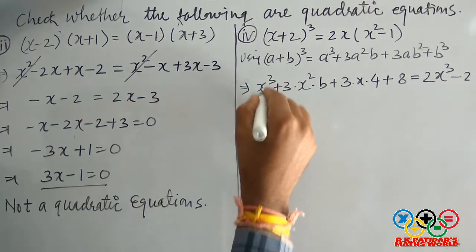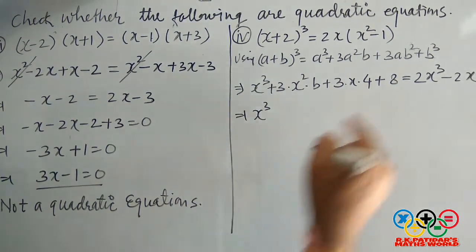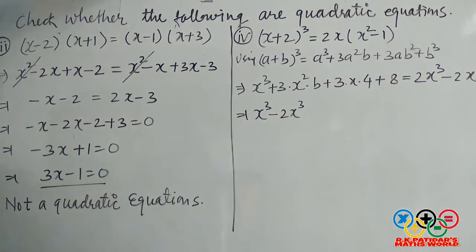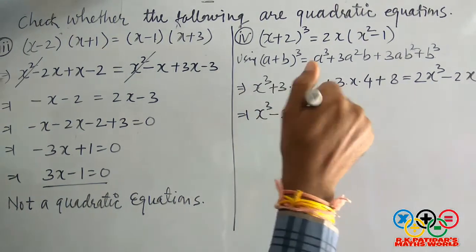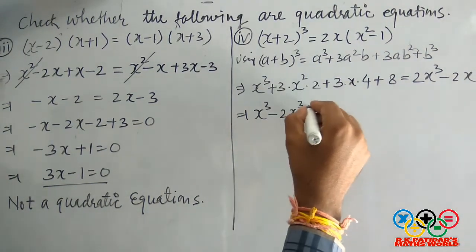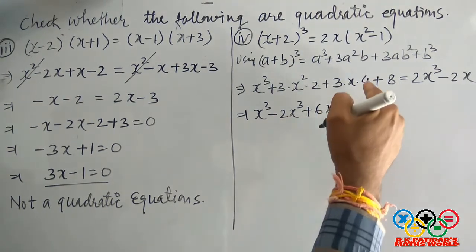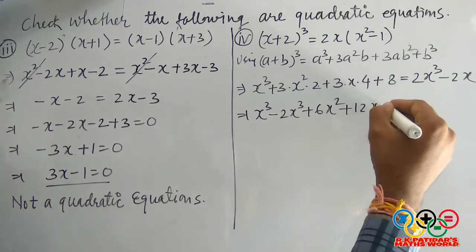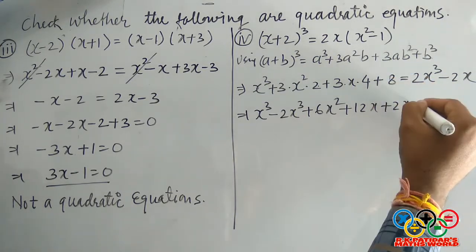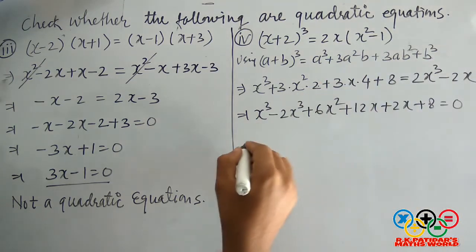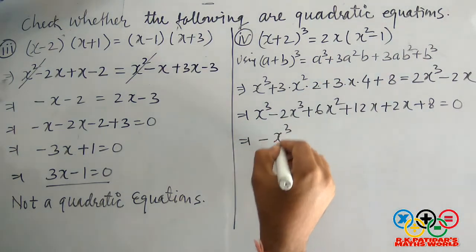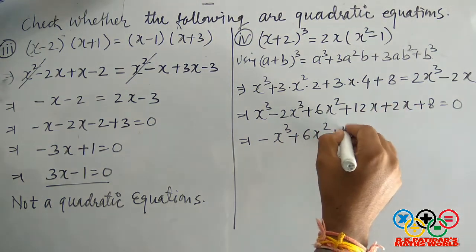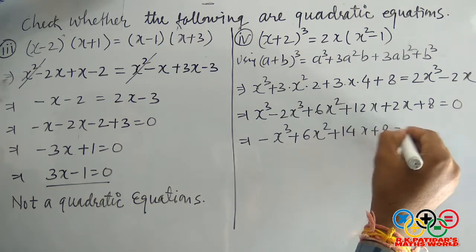See, x cube and here minus 2x cube, this when it comes here will become minus. Sorry, b here was 2, so 3 2s are 6, 6x square and 4 3s are 12x, but this 2x is here, so when it comes it will be plus 2x and plus 8 is equal to 0. Minus x cube plus 6x square, 12 plus 2, 14, 14x plus 8 is equal to 0.